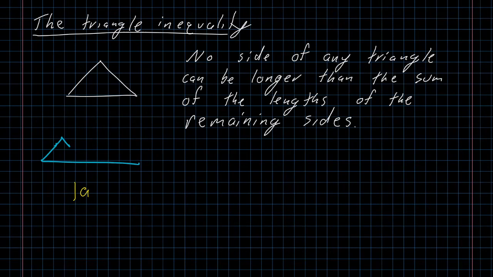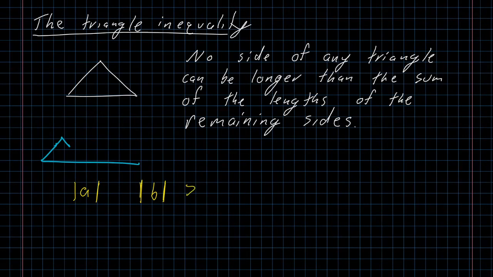If you've got one side of the triangle, the distance between the two ends has some length, we'll call that the absolute value of A. A second side has some length, we'll call that the absolute value of B. And again, whenever you see absolute value, you're thinking a distance. And the third side cannot be longer than the sum of the remaining two sides.